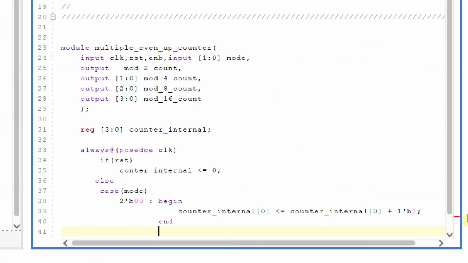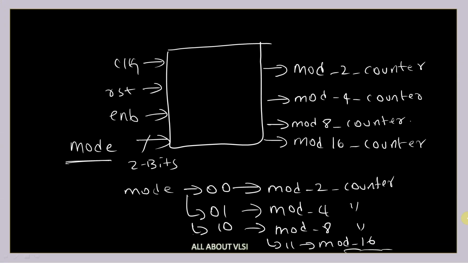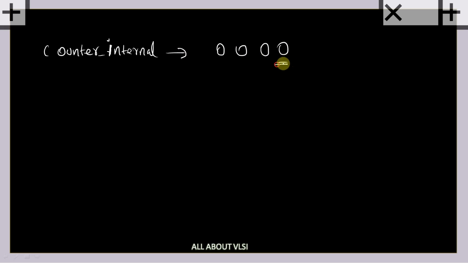So we are only incrementing the LSB of this counter. Here this is your counter underscore internal, and this is of 4 zeros. We are only incrementing this LSB.